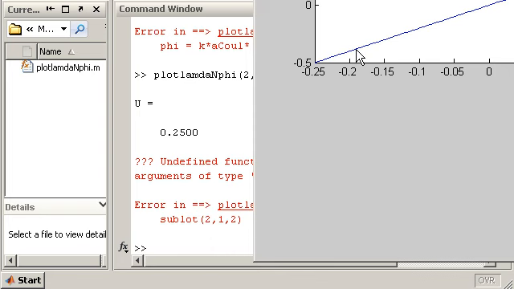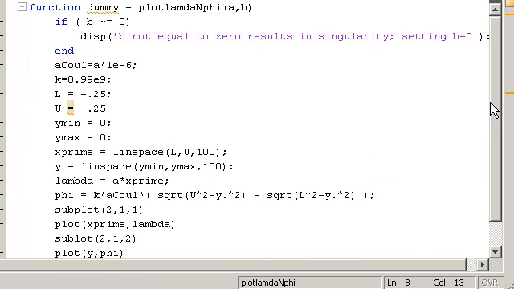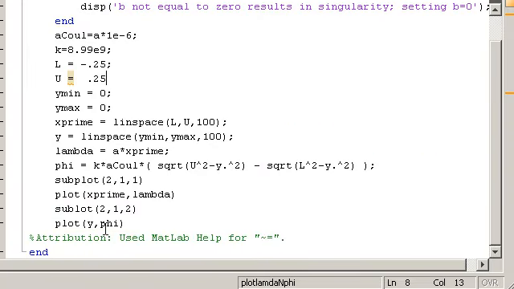And at x equal to minus 0.25 for instance, that should be minus 0.5 times 10 to the minus 6. So I think I got an issue there. Probably used a instead of a coulomb. Yeah. I need to use the coulomb, not just a.